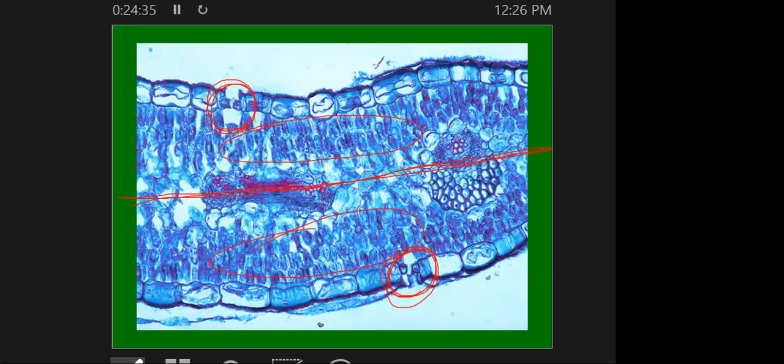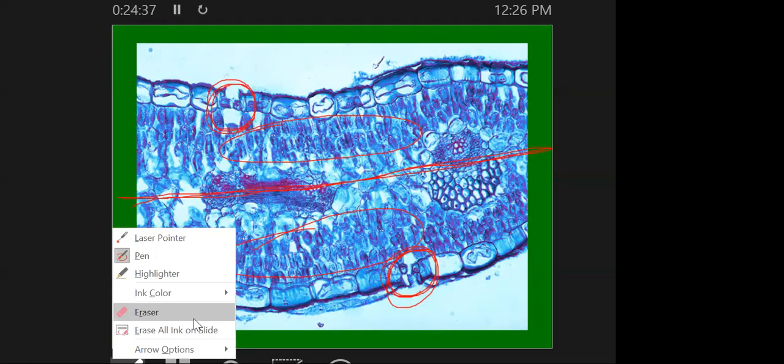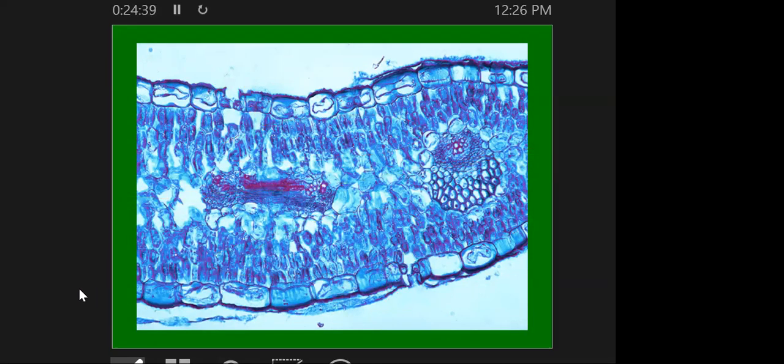The other thing to look at here that tells a little bit more about this plant is the vascular tissue. I think most of you, if you looked and thought about it, would come up with, yeah, here's a vein cut in cross section.